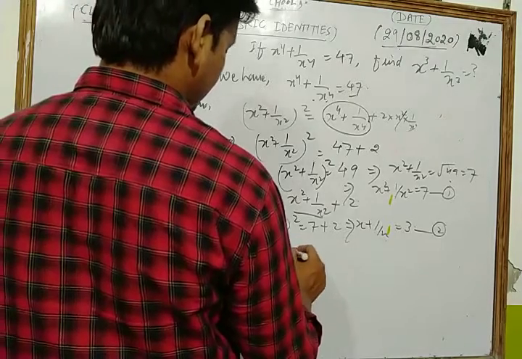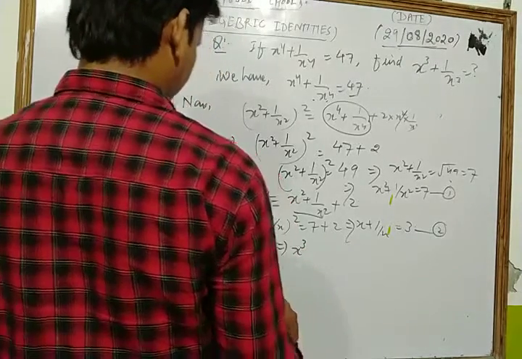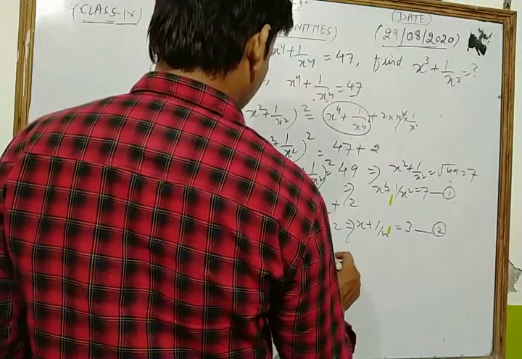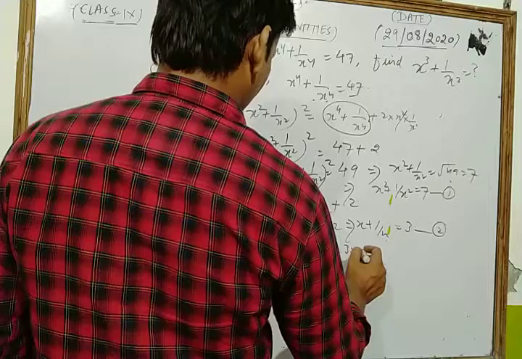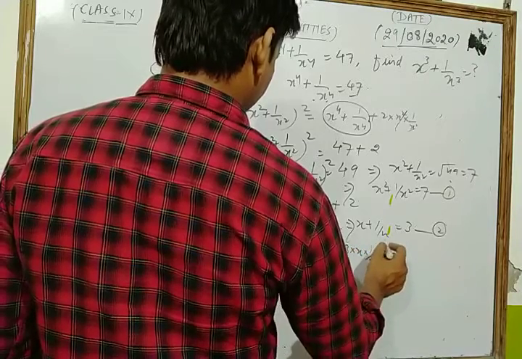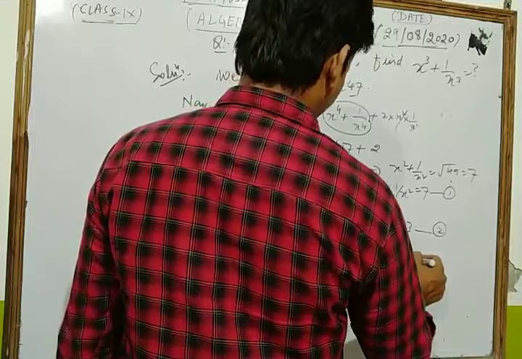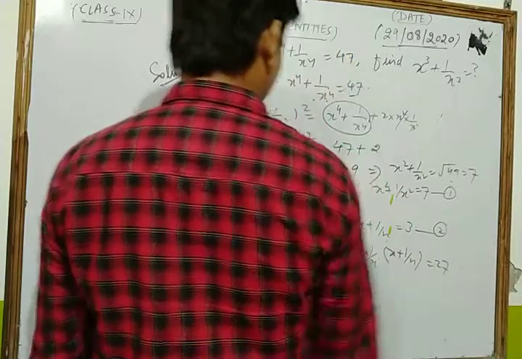So we have a cube plus b cube plus 3 into a into b, in bracket a plus b, and here we write 27 as it is.